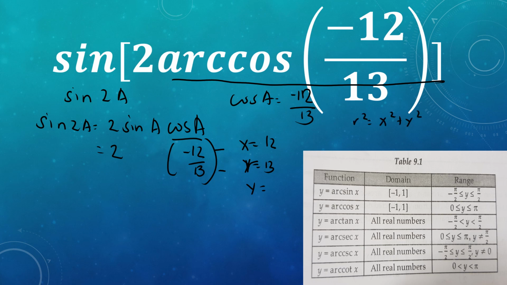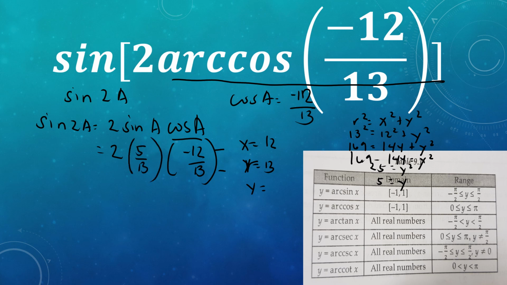By substitution, 13 squared is equal to 12 squared plus y squared. 13 squared is 169, equal to 144 plus y squared. 169 minus 144 is equal to y squared. And then 25 equals y squared. Therefore, the value of y is equal to 5. So we can write that as 5 over 13.